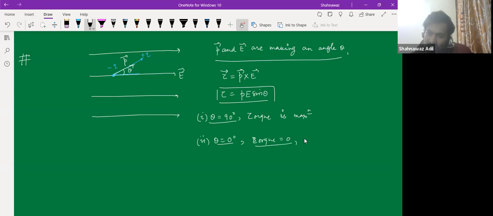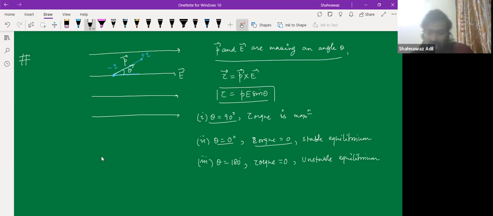And this is stable equilibrium. And the third case was theta was 180, and again torque was 0. So for both cases, torque is 0. But this was unstable equilibrium.